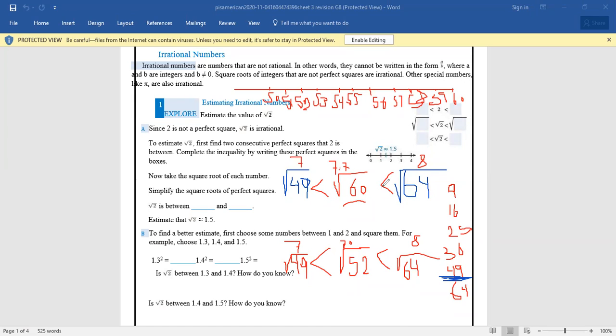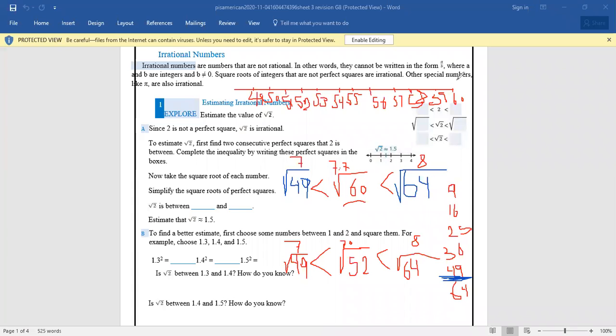Okay, look at the first number. Where is the main point here? This is 49. Then which number are we looking for at the beginning? We are looking for 60, right?